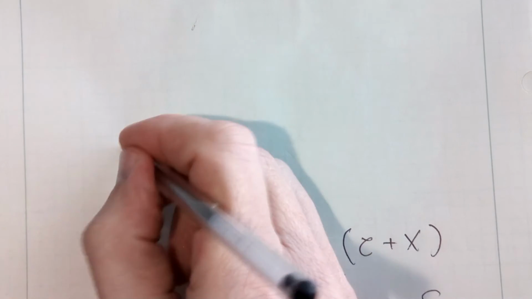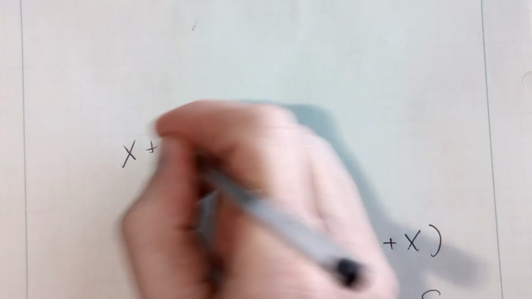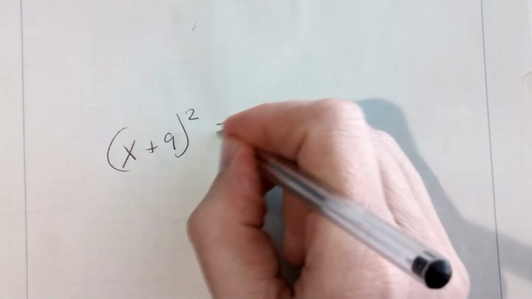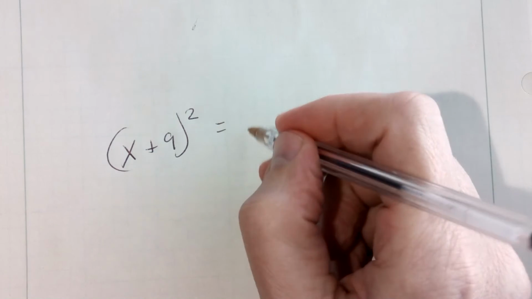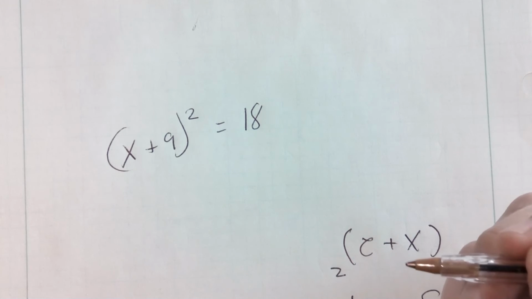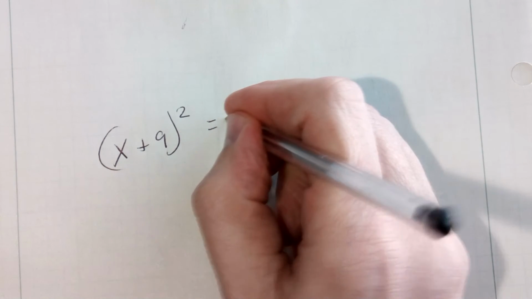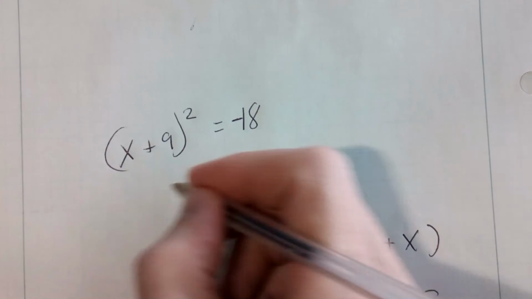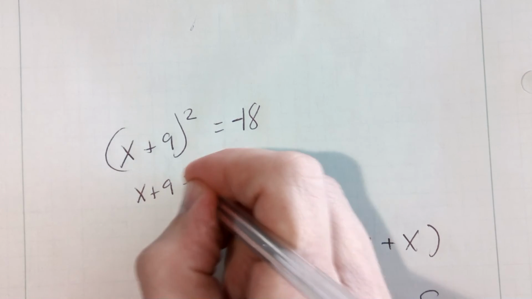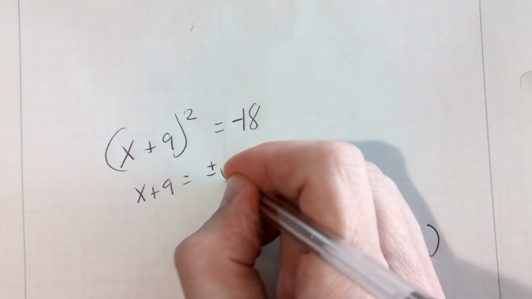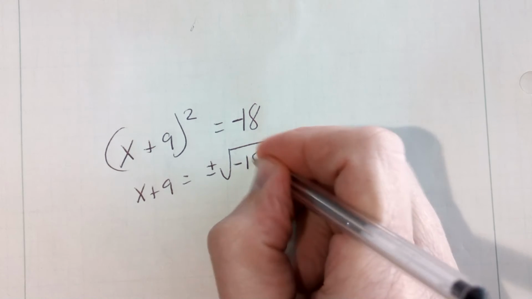If I give you an x plus 9 in parentheses squared equals, oh, I don't care. Let's do that 18 again. Well, let's make it -18. Okay, -18. Well, then you do x plus 9 equals the plus or minus square root of -18.